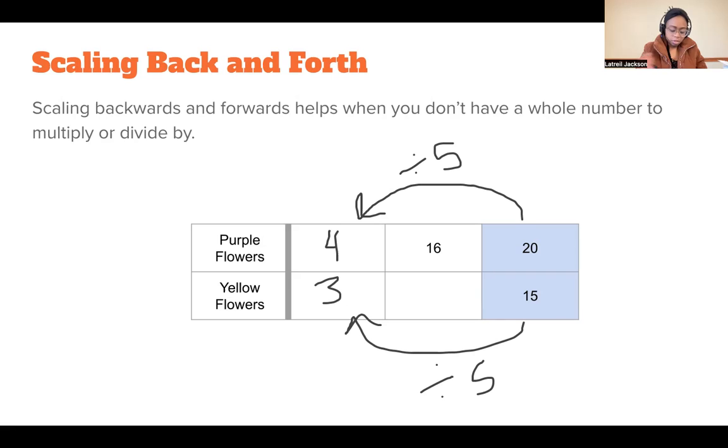So we got 4 to 3. Now we want to dig deeper and see how we can get from 4 to 16 so that we can fill in this blank, because whatever we multiply the first number by, we also multiply the second number by.